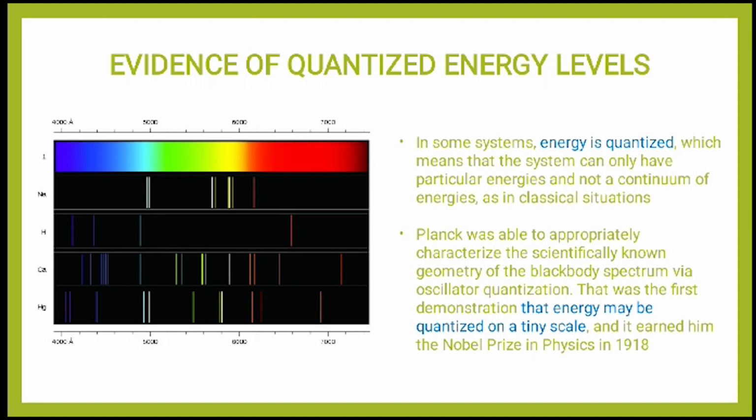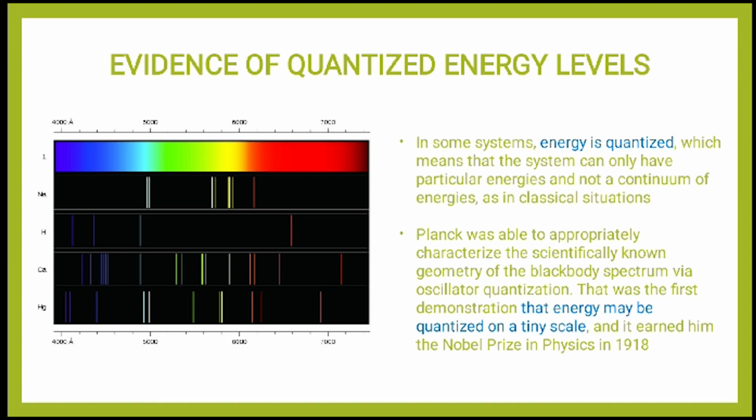The next part that I will cover is the evidence of quantized energy levels. In some systems, energy is quantized, which means that the system can only have particular energies and not a continuum of energies, as in the classical situation.